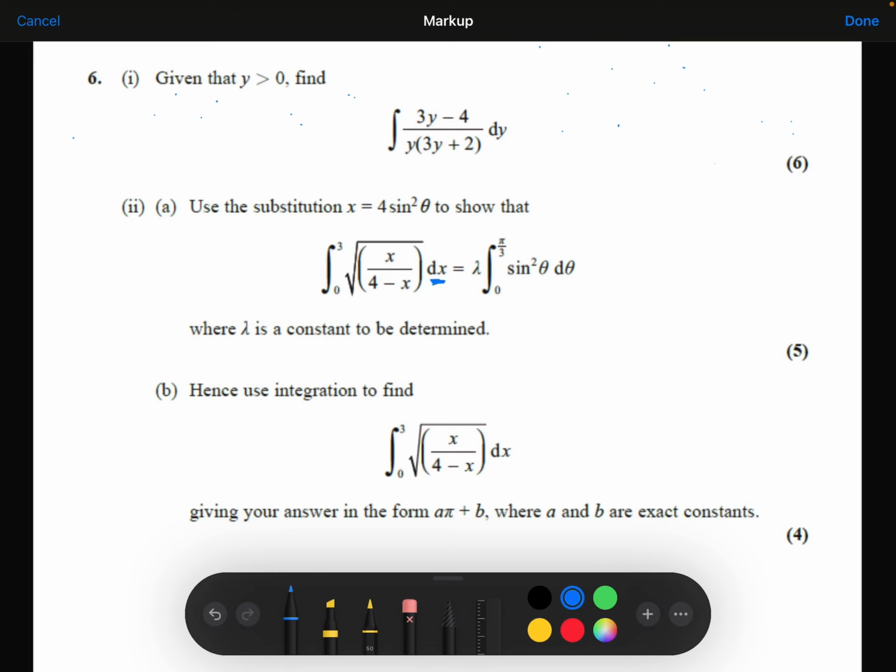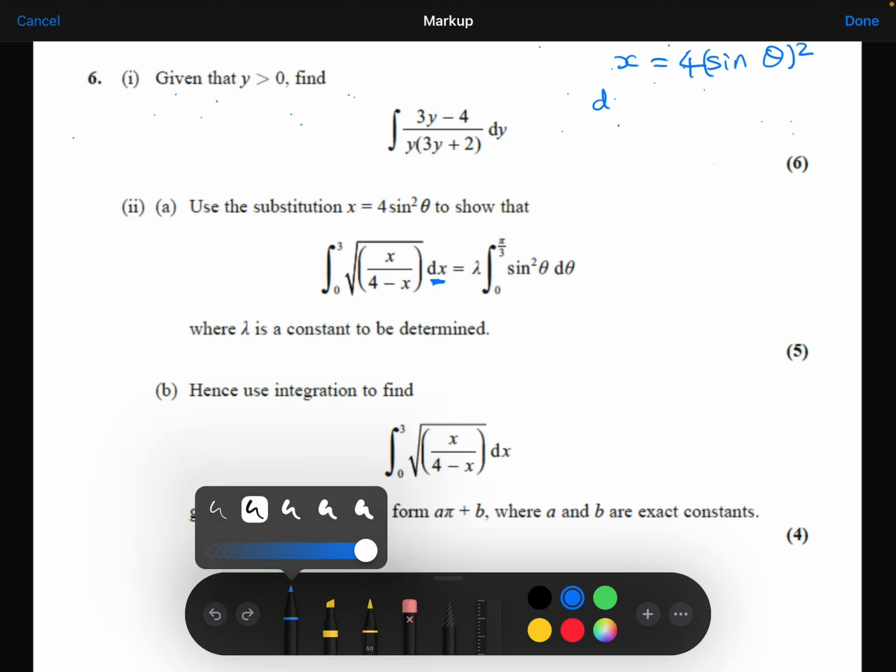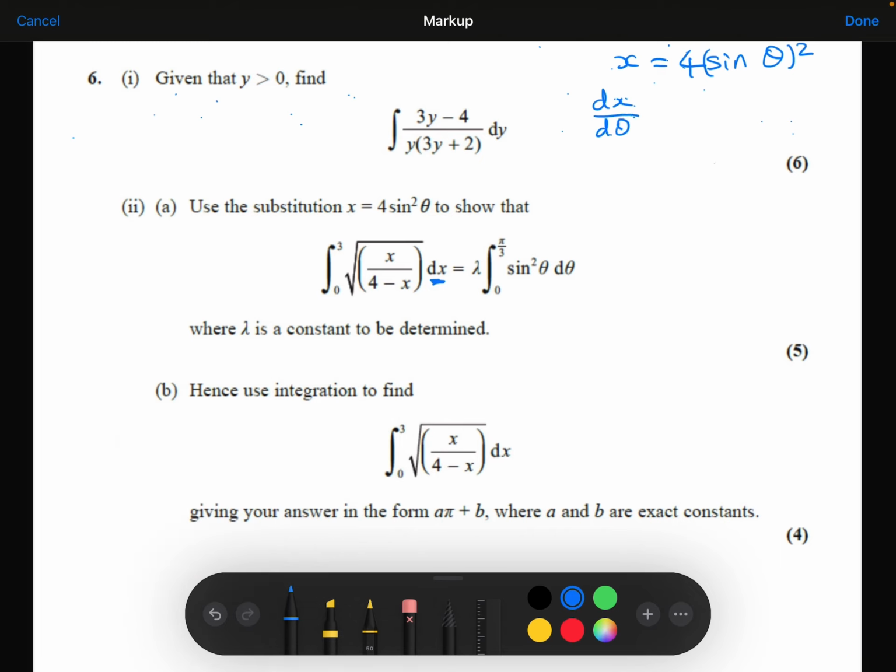So I'm going to take my x substitution, the 4 sine squared theta, and differentiate it. To help me differentiate it, I'm thinking of it as being (4 sine theta) all squared. This is exactly the same thing, but by writing it like that, it just helps me to see the chain rule a bit more clearly.